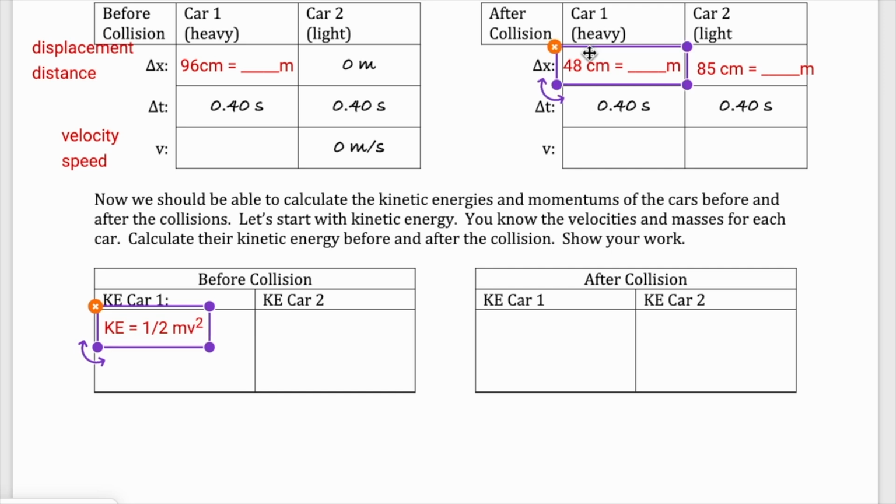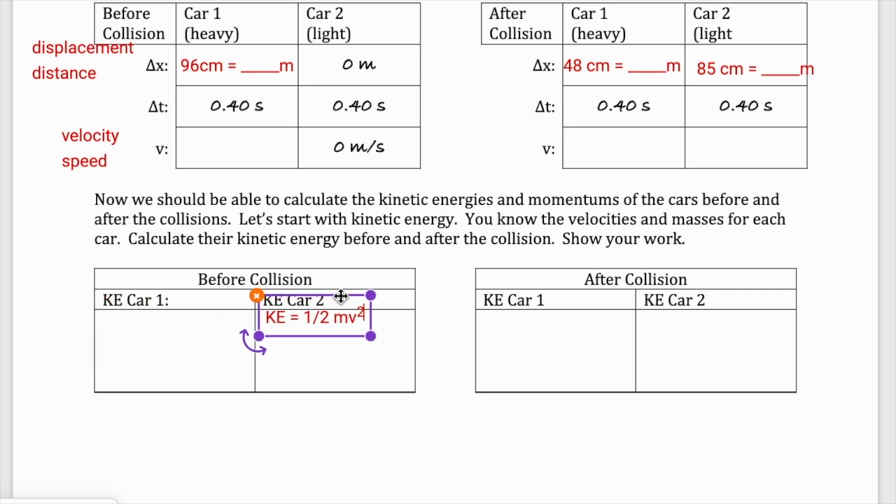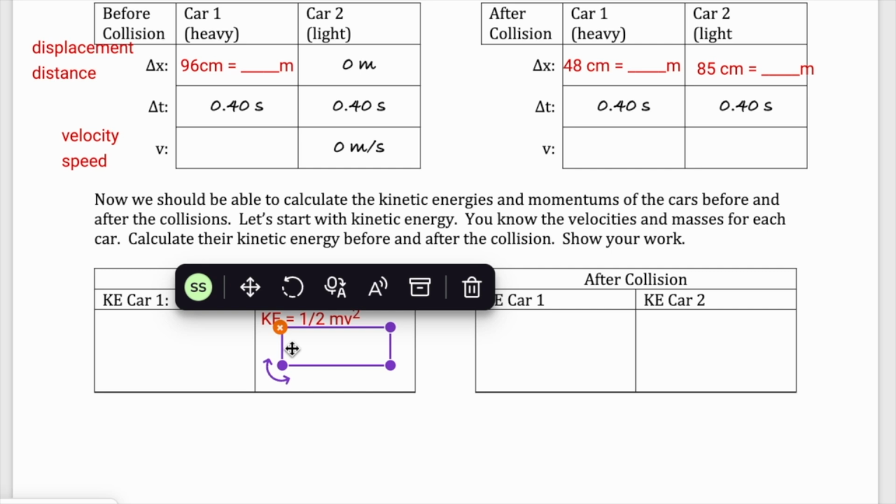Right? And so we're going to be substituting in for that. Now I'll do this one over here because I've already done most of the work for the light car. For the light car, we know that 1/2 mv squared works out to be 1/2 times the mass, 0.0299 kilograms, times its velocity, which is 0 meters per second, squared.